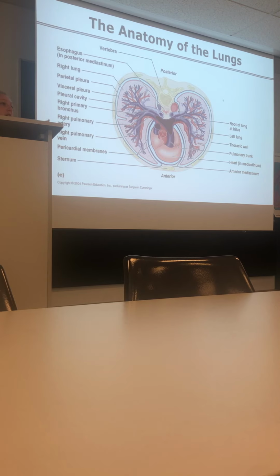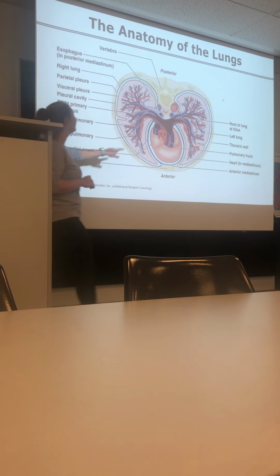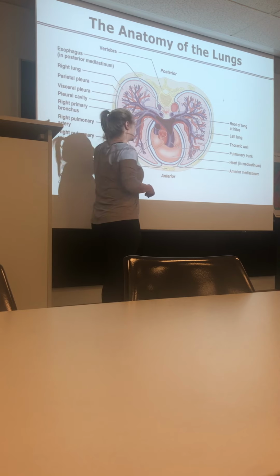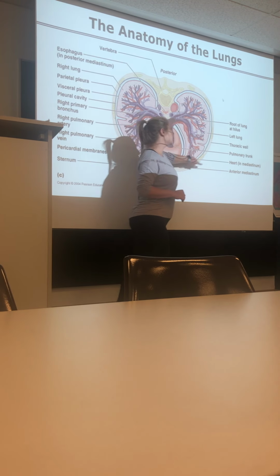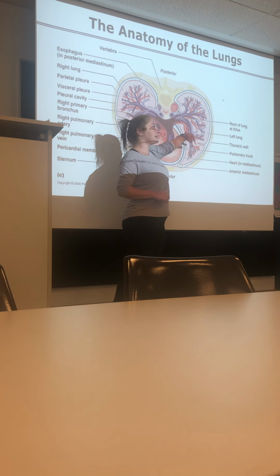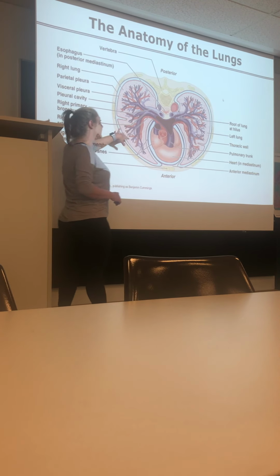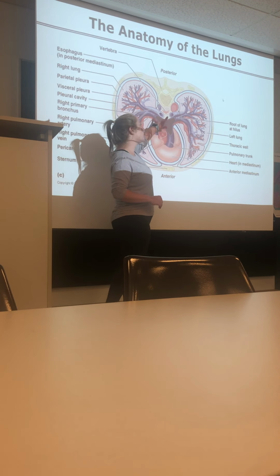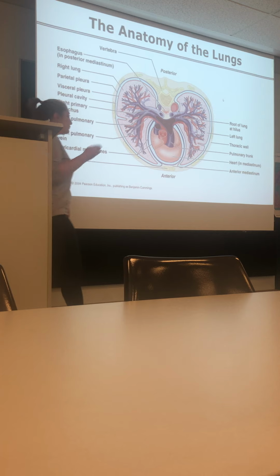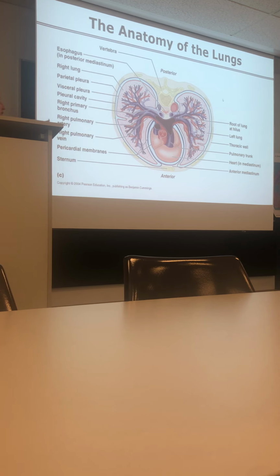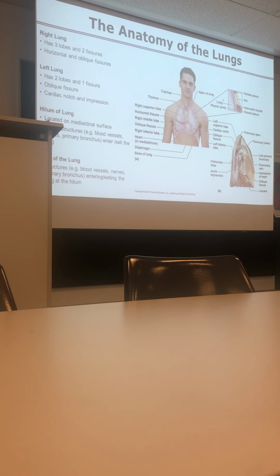The ribs, good. So we have our ribs also lining our lungs, okay? This is the left lung and this is the right lung, and we can see the divisions of our airway passage tube kind of splitting into our lungs. Okay, so our right lung has 3 lobes.